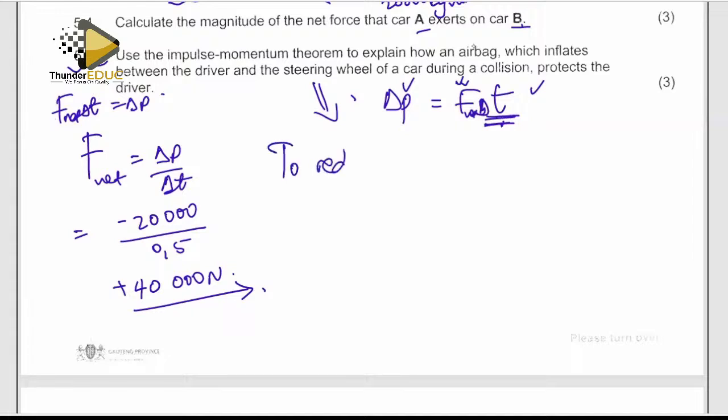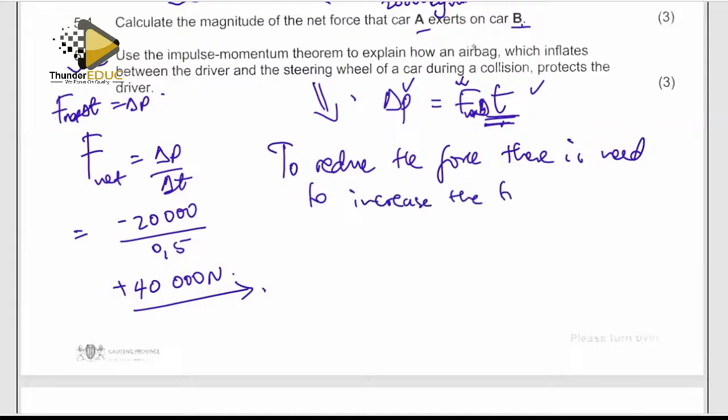So to reduce the force, we're saying that there is need to increase the time over which the momentum changes.